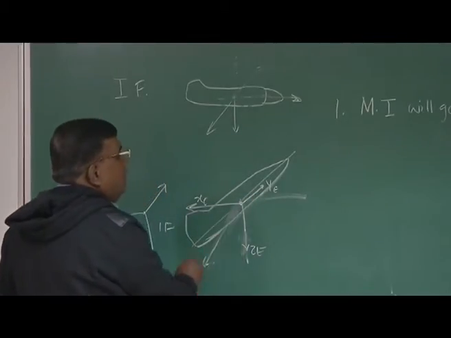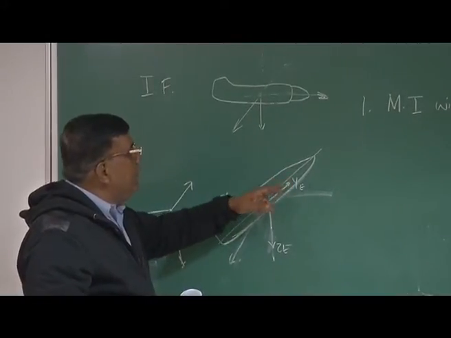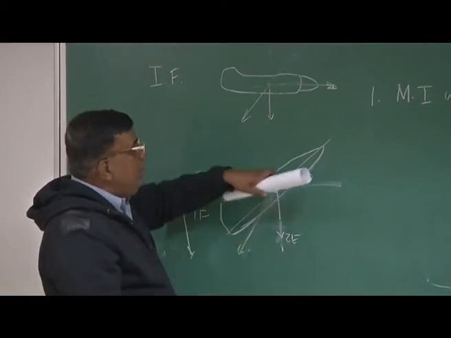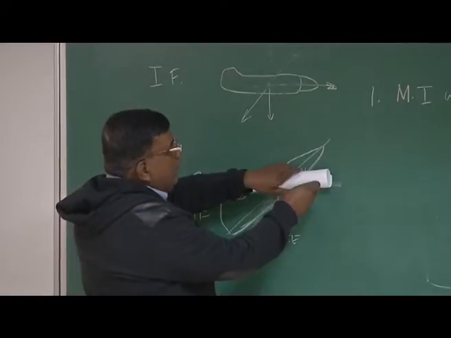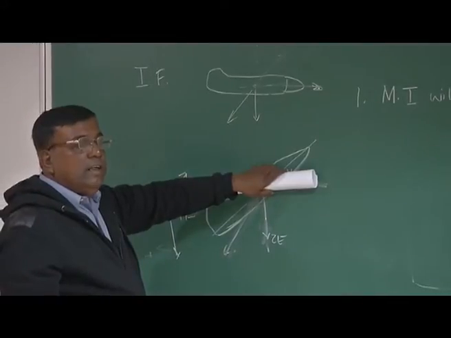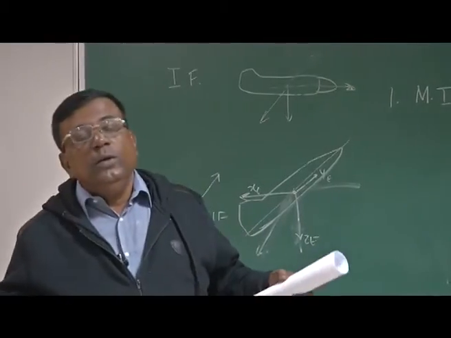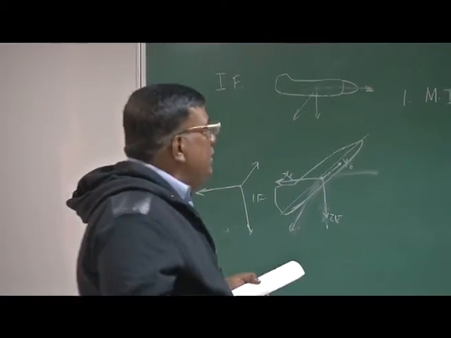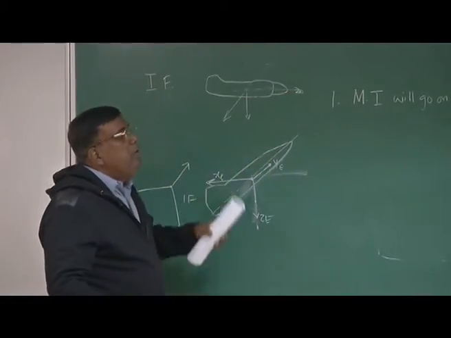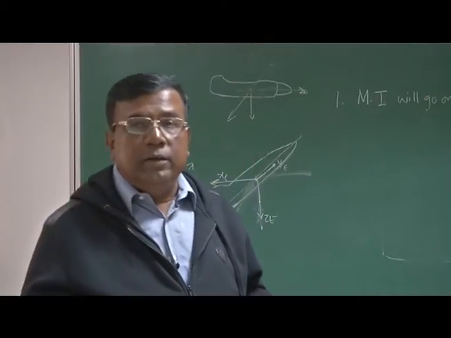Now as the body has rotated, the distance of the particles from the x, y, z axes is also changing. If you think of a particle here, it has some coordinates with respect to earth fixed x, y, z axes. If it rotates, the same particle will have different coordinates. So its moment of inertia will change. That means as the body rotates, if I am working with inertial frame, its moment of inertia will go on changing with time, which creates a lot of complication for computation.